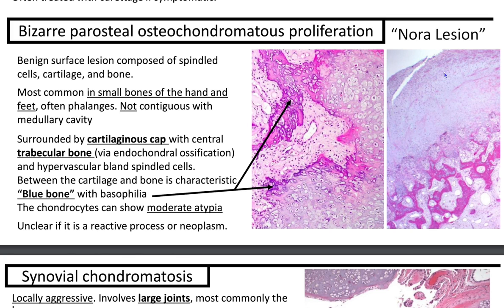It's surrounded by a cartilaginous cap with central trabecular bone via endochondral ossification. And between the cartilage and the bone, you'll see characteristic blue bone with basophilia. And the chondrocytes can show moderate atypia.